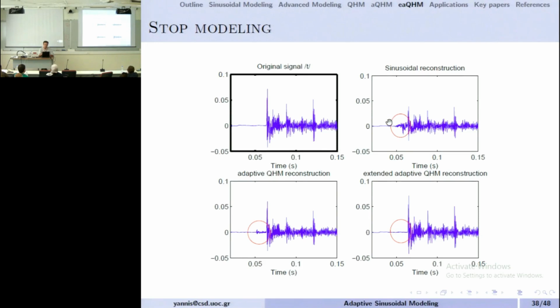If this goes like here, outside of the red circle, then you start perceiving it because it is beyond the backward masking threshold of this click. But if it is small, like inside the circle, you don't perceive this pre-echo.